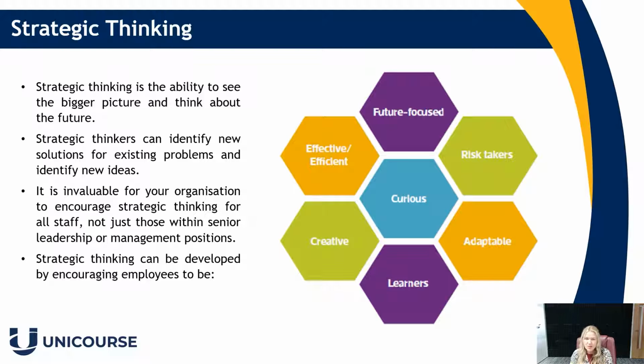For a person to be a bit of a risk taker, to have skills of critical thinking so you can think outside the box a little bit, also be a learner, so be able to learn from the analysis as well. Be creative, effective and efficient, curious and future focused. That's what strategy is about. It's about being able to strategize and think for the future.